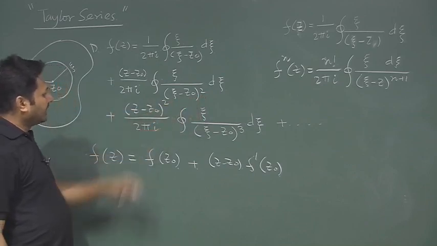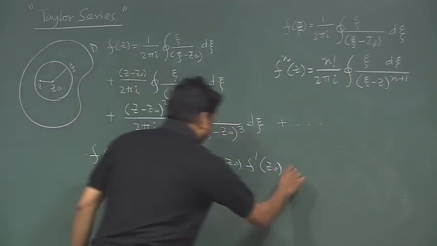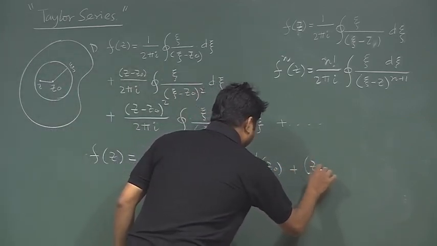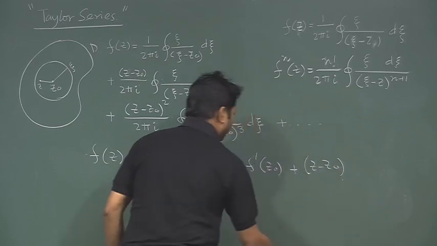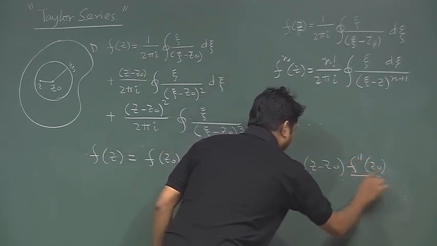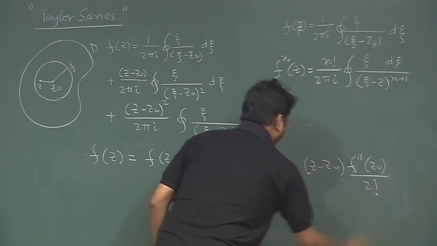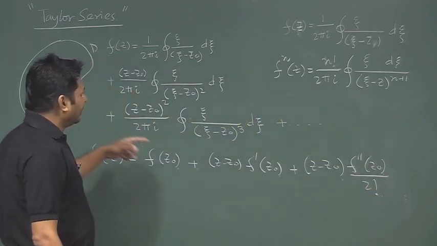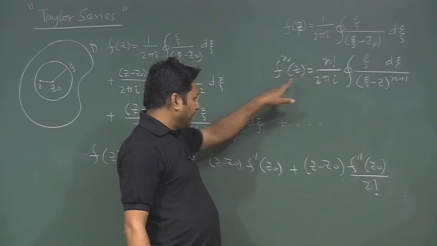What about the third term? Third term is (z minus z0) square f double prime z0 divided by factorial 2. I need to put a factorial 2 because this term will come here.